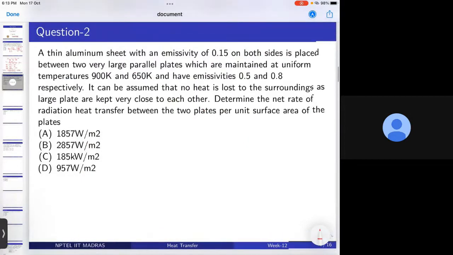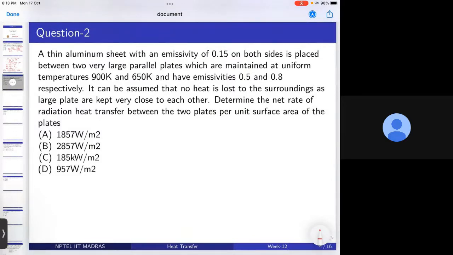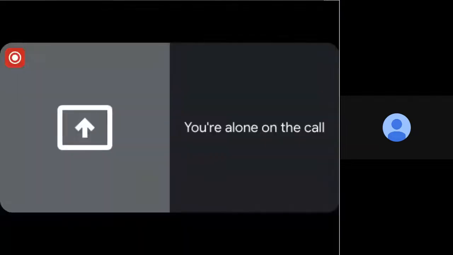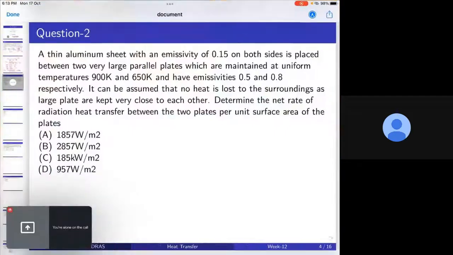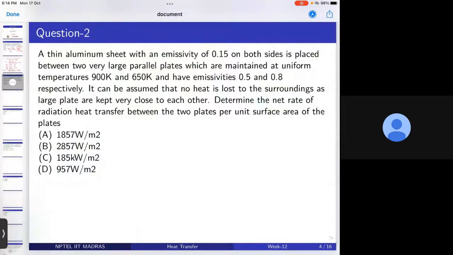So we have two parallel plates. The emissivity is given. I am taking this as 1 and this as 2. So emissivity is 0.5 and temperature is 900 Kelvin.